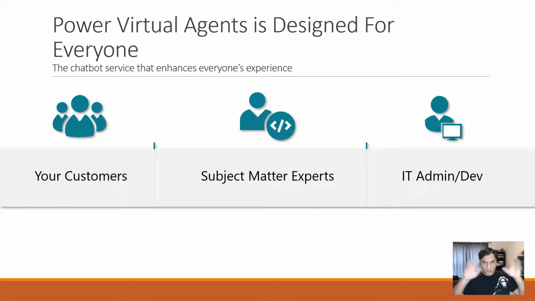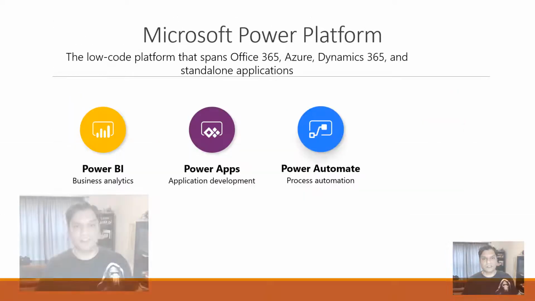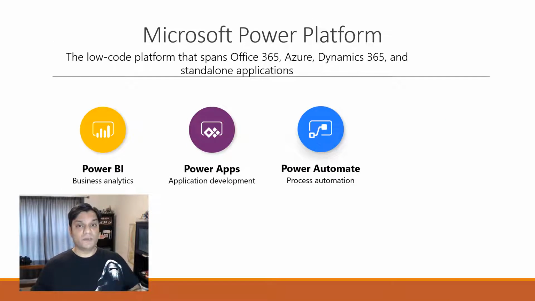So now that you understand the reasoning as to why PVA, or Power Virtual Agents, came into existence, let's focus a little bit more attention on it. As you may have already seen in the Ignite videos, Power Virtual Agents is part of the whole Power Platform family, and it is in that category of the low code, no code space. We all know that the Power Platform family fell under Power BI, Power Apps, and Power Automate.